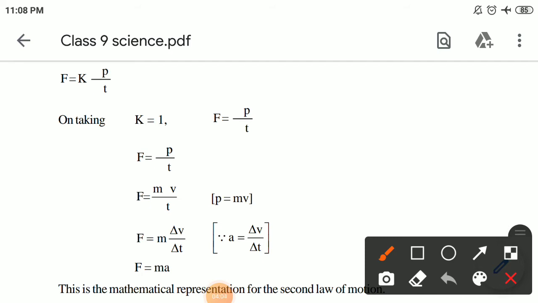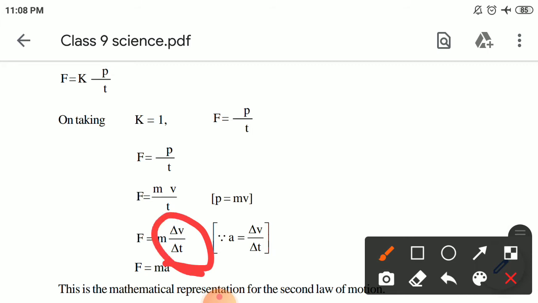Suppose 1 kg of object is there, so mass is a constant value, but the velocity may change as per the time. That is the final minus the initial velocity, and the time also changes, that is final time to initial time. So that value can be written in this manner.